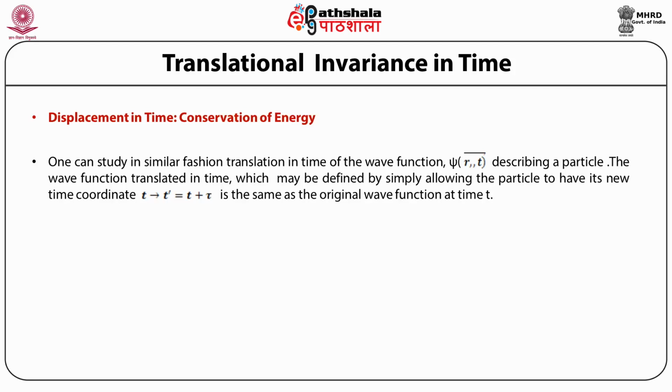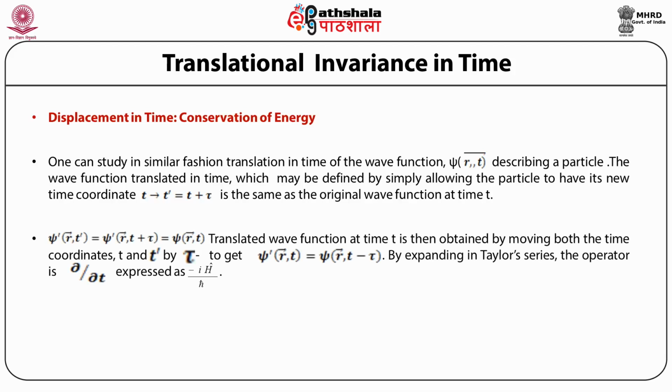And this turns out to be equal to wave function psi as a function of position vector r and time t. Thus, the translated wave function at time t is obtained by moving both the time coordinates t and t prime by tau to get the wave function psi prime as a function of position vector r and time t is equal to wave function psi as a function of position vector r and time t minus tau.